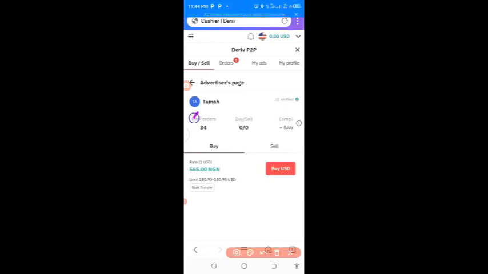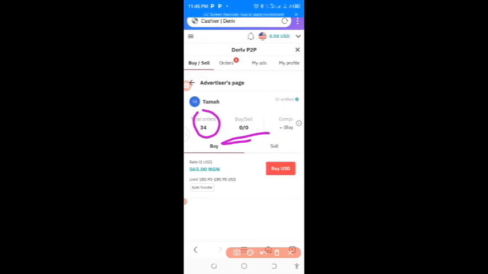Look at this place. The total orders this guy has completed is 34. He has completed 34, and then the buy completion. So this one, total order 34, buy or sell. As you can see, for me, I cannot deal with this particular person.